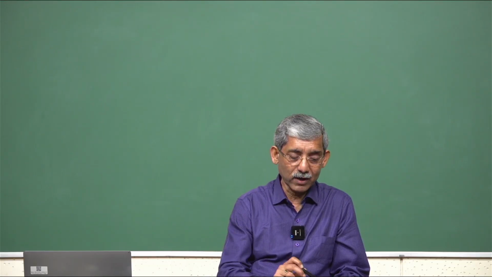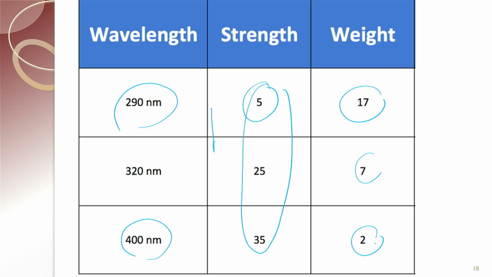So, you can see 400 nanometer has been given a weightage depending on the severity, it is 2, whereas 290 nanometer is given 17. So, effectively as the wavelength increases the severity reduces.